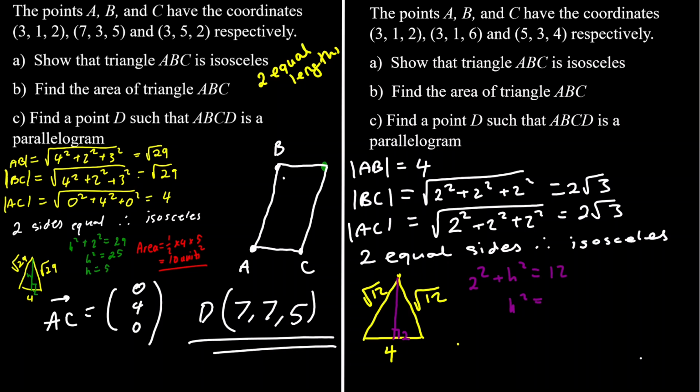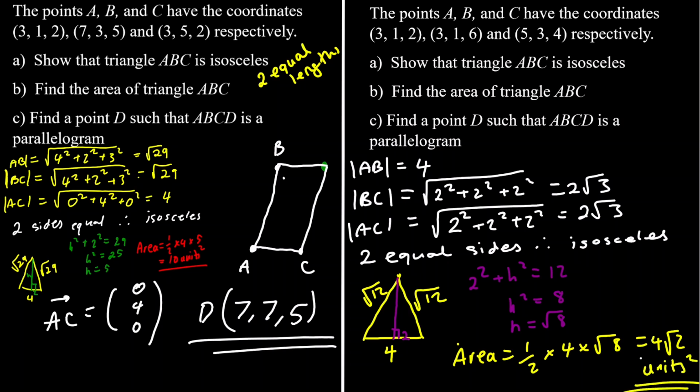So h squared is 8, h is square root 8. And then the area is half times the base times the height. So it's 2 square root 8s or 4 square root 2s. 4 square root 2 units squared.